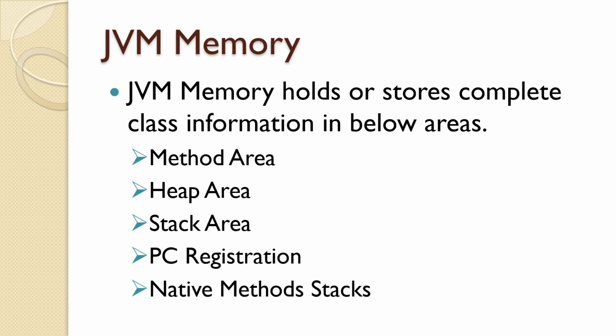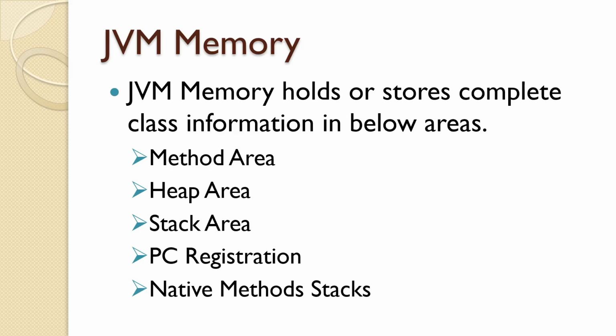So here the method area and heap area are shared resources, whereas the stack, PC register and native method stacks are not shared resources. So this is all about the JVM memory. It contains 5 different areas, that is method area, heap area, stack area, PC register and native method stacks.